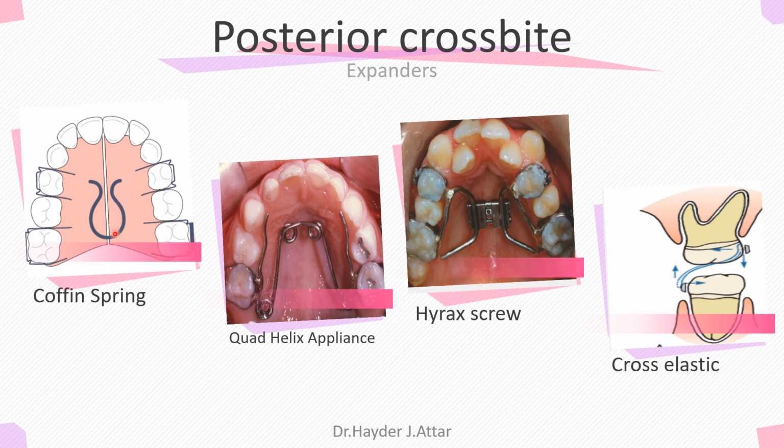Another expander is the quad helix appliance. The quad helix appliance is regarded as a slow expander that is a fixed orthodontic appliance soldered to two bands and incorporating four helices, so it is called a quad helix expander.